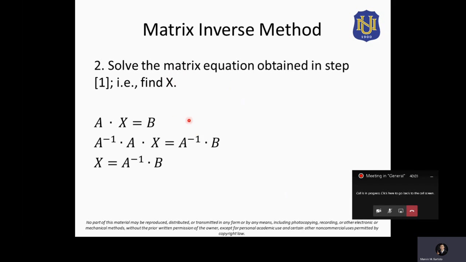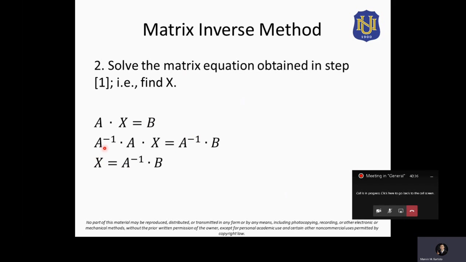Okay, so in order to solve the values of unknown variables x, y, and z, imumultiply natin both sides nung matrix equation natin by the inverse of coefficient matrix. So yung inverse ng coefficient matrix natin ay A raised to negative 1. And then, yun nga, multiply natin siya both sides. So it will be multiplied here, A raised to negative 1 times A times X. And ganun din sa kabilang side, yung B natin mamumultiply by A raised to negative 1.